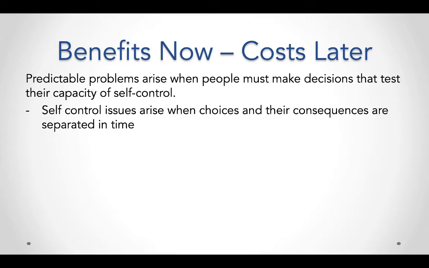So when we have benefits now, cost later, I have a hard time controlling myself, right? So I want the ice cream and I don't see the cost. It's a small ice cream, I don't see the cost, and I think, why not? The benefits are there now, I can get instant gratification and I don't care about the cost.